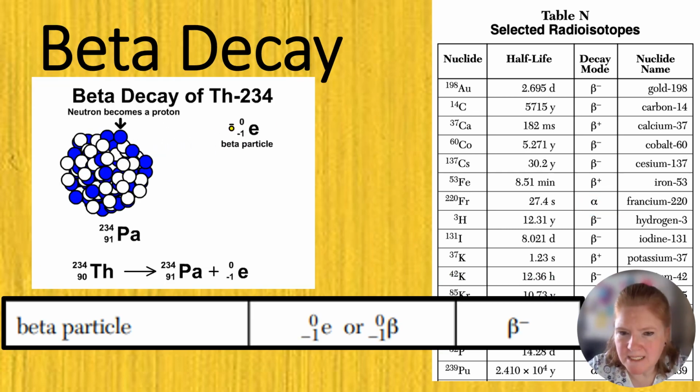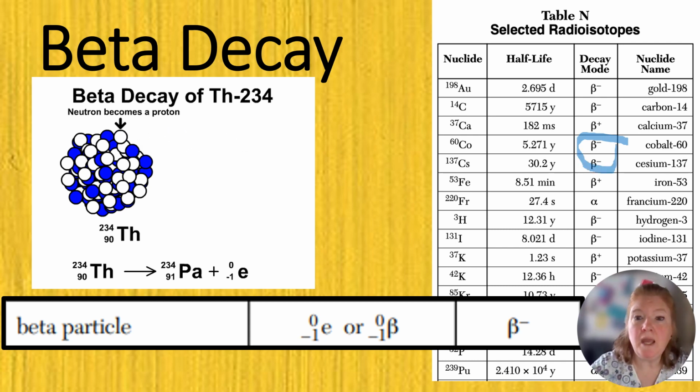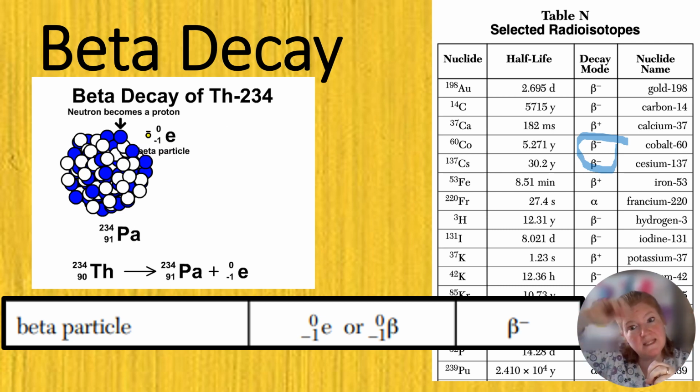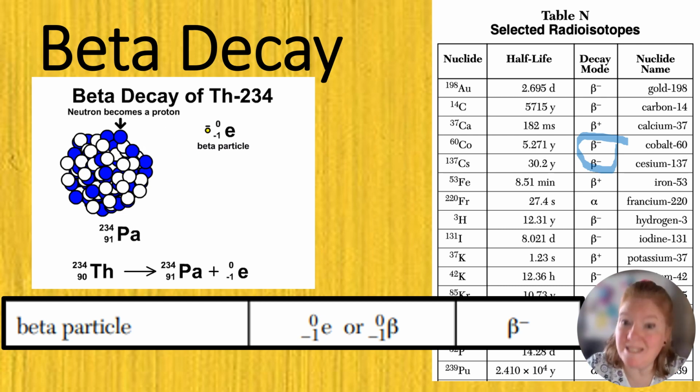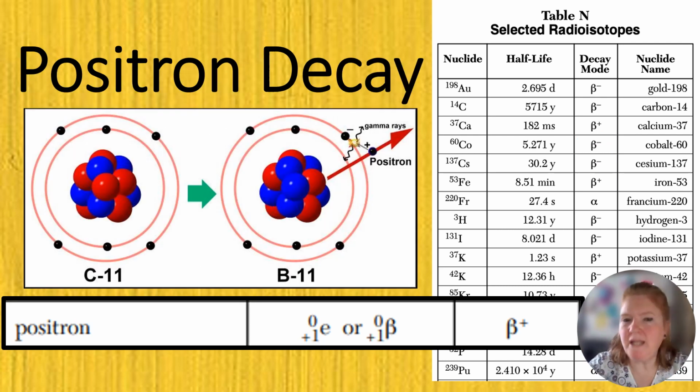What about beta decay? Well, some of these have beta decay, so more of them in this little section here. In beta decay, same thing, that nucleus breaks apart and releases a beta particle and transmutates into a different element. And then we can have positron decay, right? So here's one right here. Positron decay is when the nucleus breaks apart.